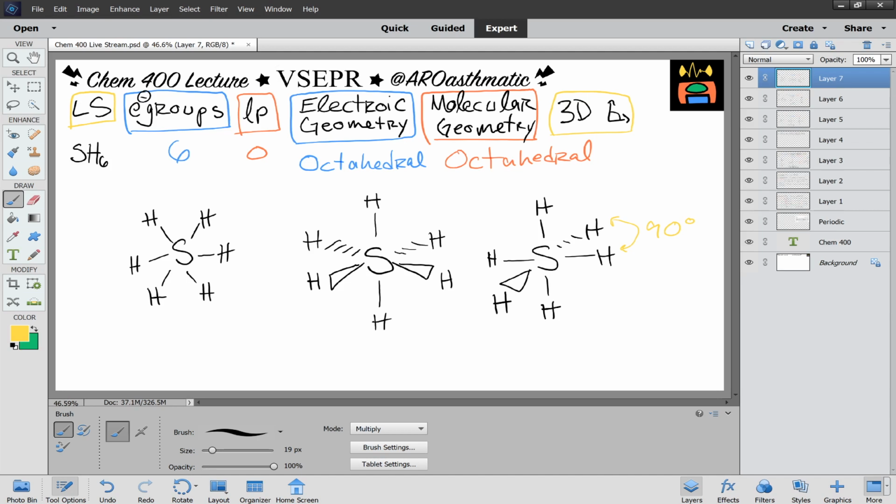Now, a couple things. First, if you're wondering why the heck this is called an octahedron instead of a hexahedron, the answer is the geometric solid that's formed when you have 6 vertices, all equidistant from the center of the solid, has 8 faces. So it's called an octahedron because the geometric solid that it forms has 8 faces.